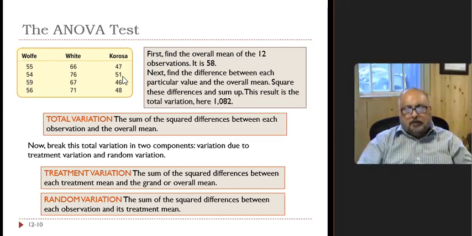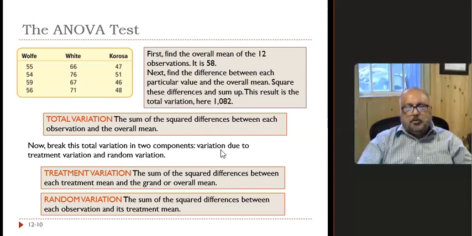All the squares of the differences, we add them up. And what we get here is 1082 total. And this we call total variation. So total variation is the sum of the squared differences between each observation and the overall mean, like we had here.